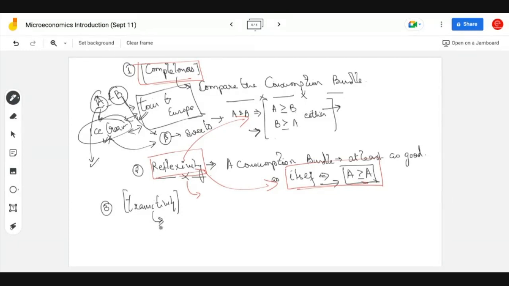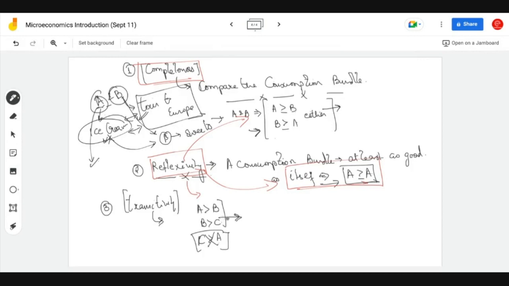So this is your third assumption. It simply says that if A is better than B and B is better than C, okay, then C can't be better than A. This cannot happen. Why?